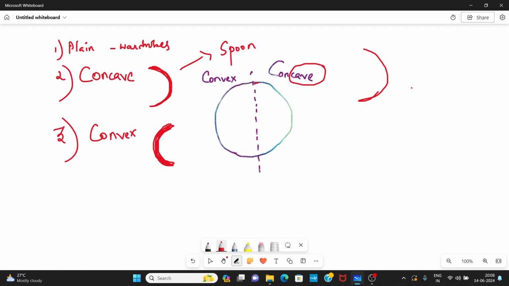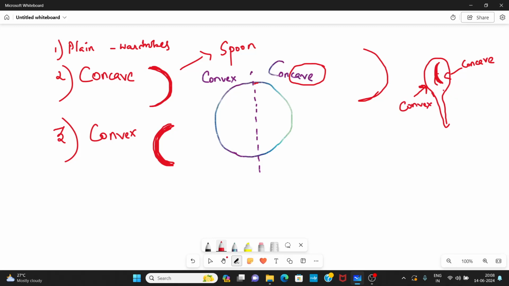The inside portion of the spoon, the hollow portion where you eat, is just like your concave part. The one which is outward, the back side of your spoon, is your convex.